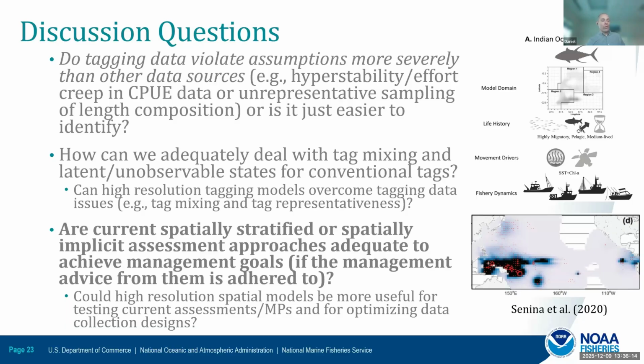The only trend we saw across the analyst groups was that the spatial models always had a higher estimate of total biomass than the panmictic models. But some panmictic models were more or less biased than some of the spatial models, and some of the spatial models were less biased than some of the panmictic ones. It just depended on the analyst group and some of the assumptions they made.